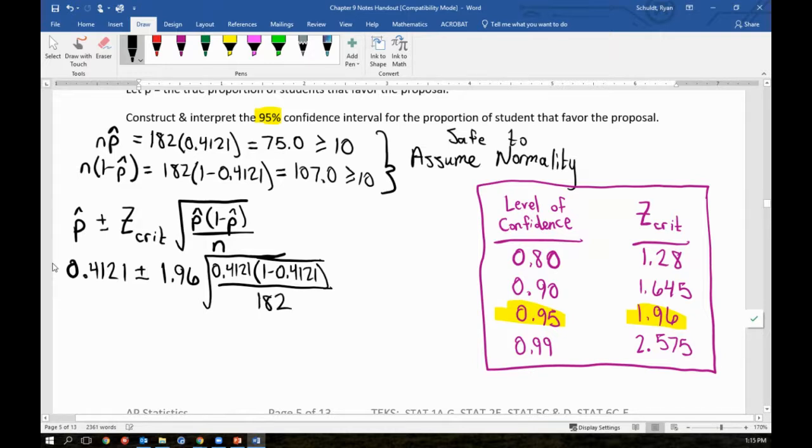What's our n? 182. Okay, now when we do these, what I recommend is calculating this second piece here first. Like once we get our formula written here, I would bring down the 0.4121 and the plus or minus, and then calculate this piece. That way you're not trying to type all of that in the calculator.